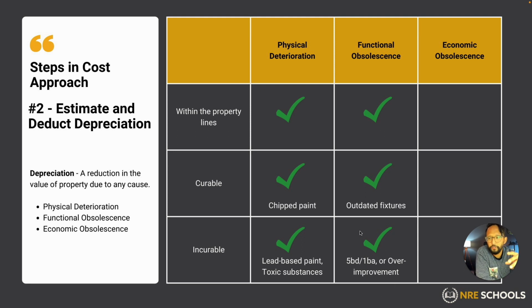Incurable refers to like a 5-bedroom house with 1 bathroom. Like, yes, you could probably add a 2nd bathroom, but let's just imagine you can't. Another example of incurable for the functional obsolescence is I sold a home in Alhambra, and it was a super thin pie-shaped lot. The house was like 800 square feet.